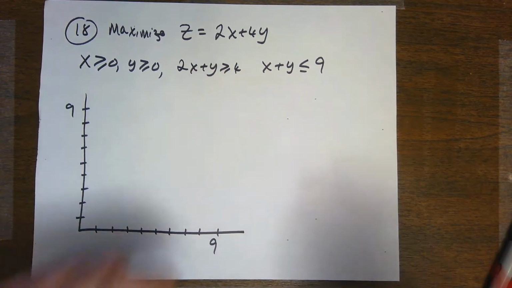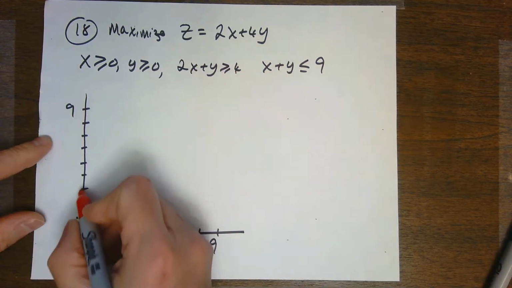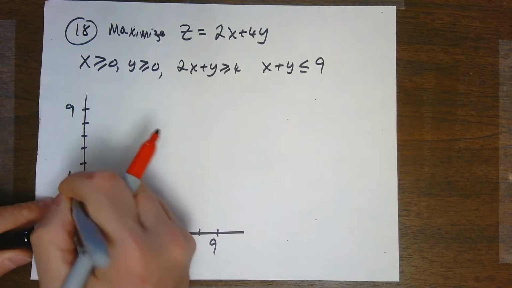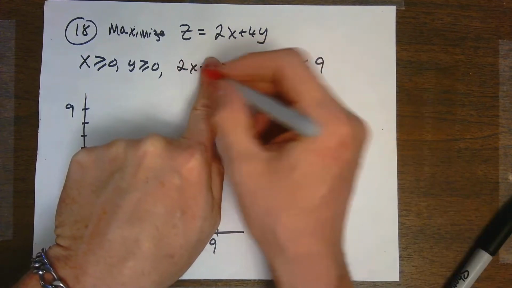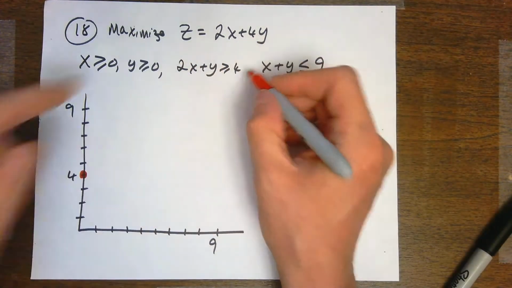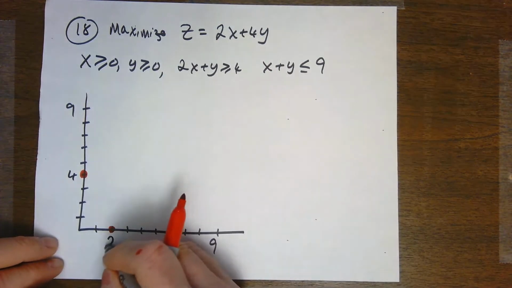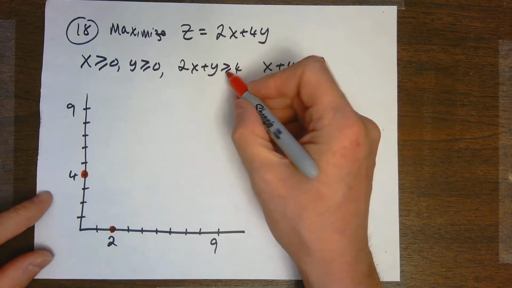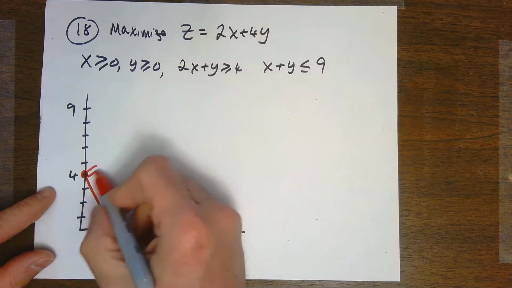So let's use our intercepts here. When x is 0, y is 4. When y is 0, divide both sides by 2. It looks like x is 2. And greater than or equal to. Equal to means solid line. Greater than means shade above.